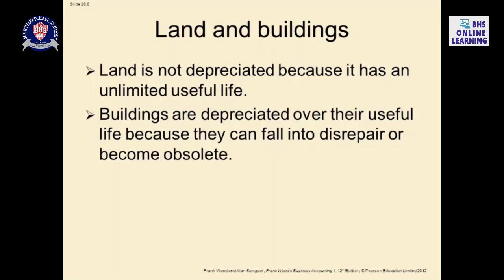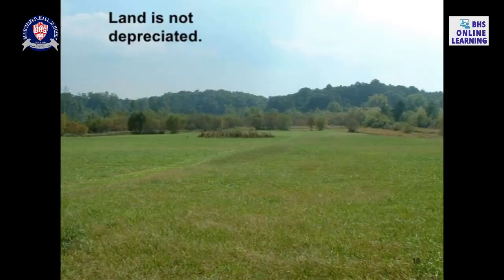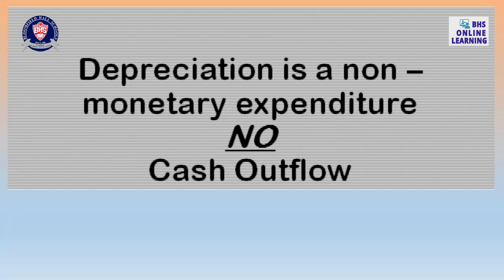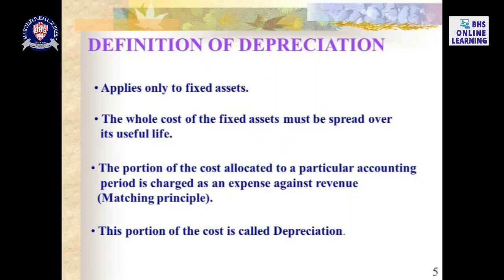So the important things that we have discussed in today's lecture are, first of all, land is not depreciated. Depreciation is a non-monetary expenditure. Depreciation is only charged on fixed assets. The cost of that fixed asset should be spread over its useful life.